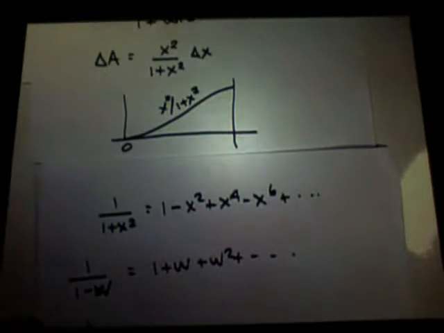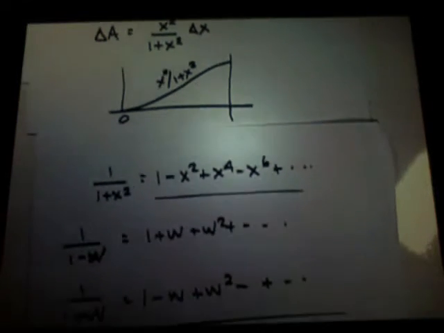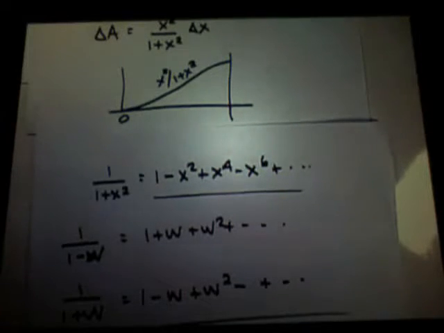In fact, I'm going to make this w. This one is just 1 plus w squared plus all the positive powers, and this one is the same thing except they alternate, so minus, plus, right? So letting w be x squared, I generate this infinite series. This is only going to be convergent if x is less than 1. That's good because x only goes from 0 to 1. We're all right.